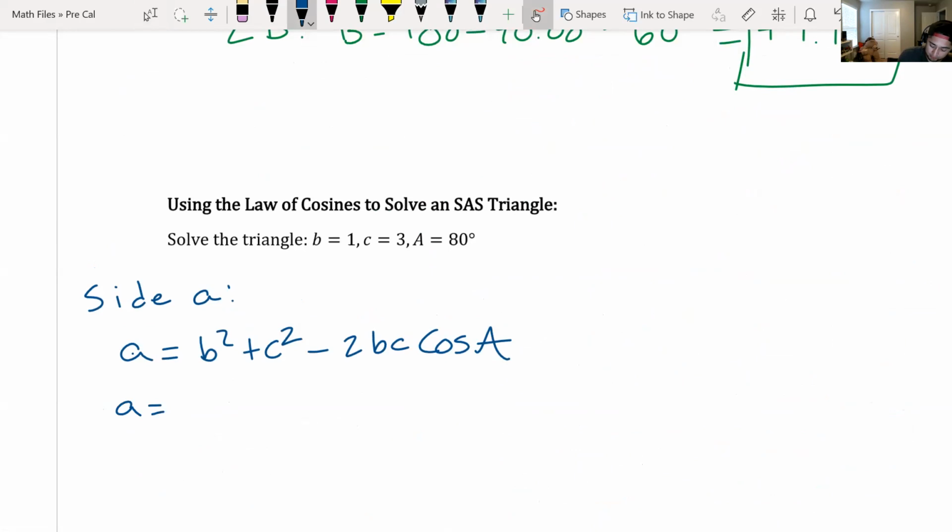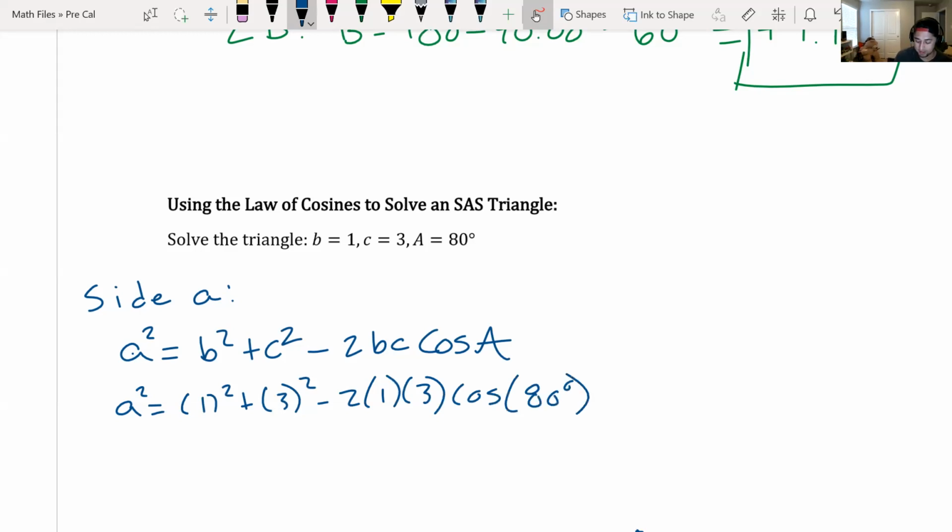A squared is 1 squared plus 3 squared minus 2 times 1 times 3 times the cosine of 80 degrees.